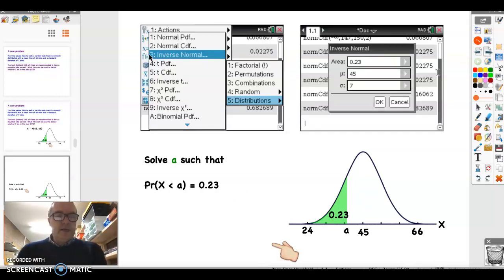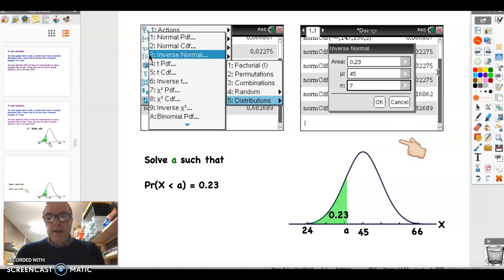And here we use a new function in our calculator. We find it in the same place under the distributions in the probability menu. The third option is called the inverse normal. When we select that function, we get a pop-up that asks us for 3 inputs. It wants the area, which is 0.23, and the mean and the standard deviation for that distribution.